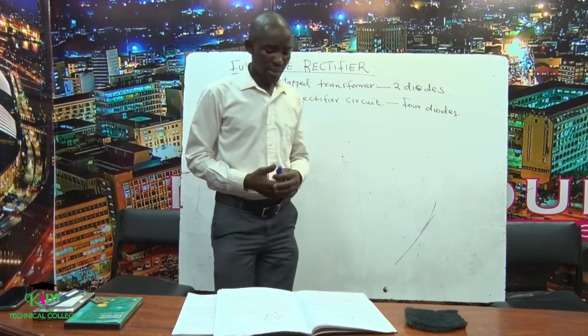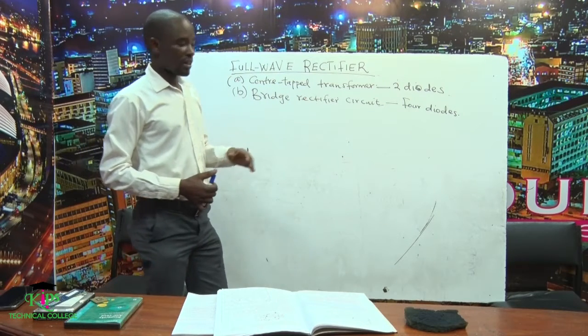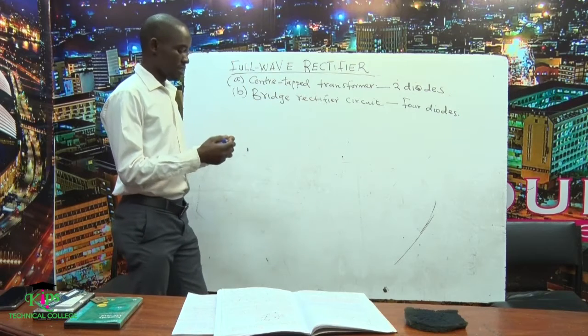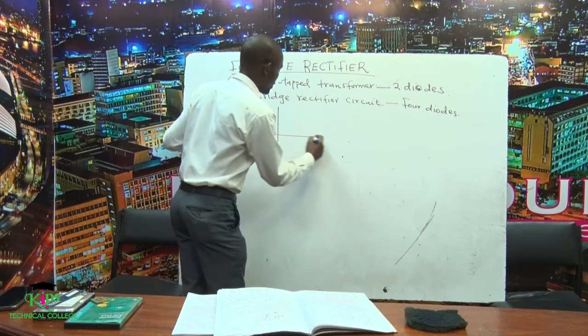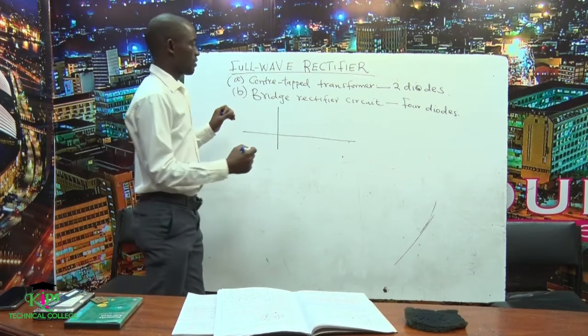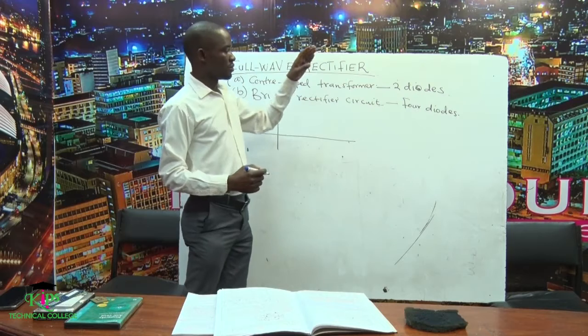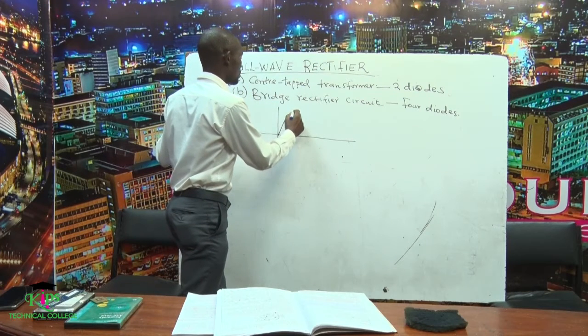Number 2 point that you need to understand also is that a full wave basically means this kind of circuit is going to utilize the 2 cycles. Remember, a rectifier converts an AC input into a DC output, meaning an AC input has got 2 cycles.